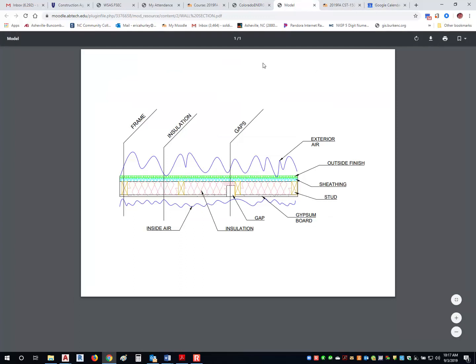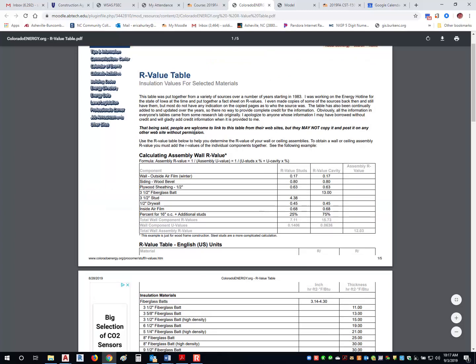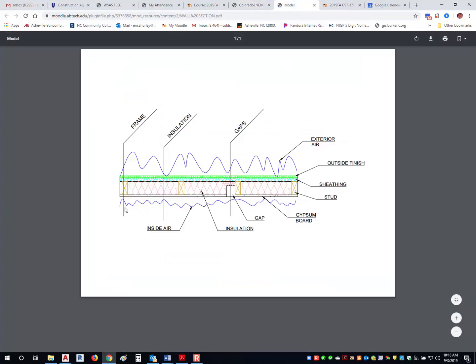There it is, sorry. Okay, so over here on this page, at the top of the page, it gives us a short little calculation on how to figure out the R value of the assembly. But now we have 3 different spaces in which we have to calculate this. We have the frame, which obviously goes through our stud.